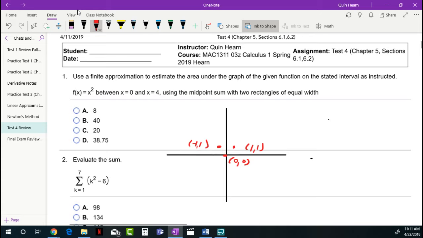But we want to go all the way out to 4 here, so way up here would be (4, 16). This is going to be a little out of proportion, but get the idea. Here's my parabola. Okay, and then on the interval from 0 up to 4, we want to figure out approximately how much area is under this curve.